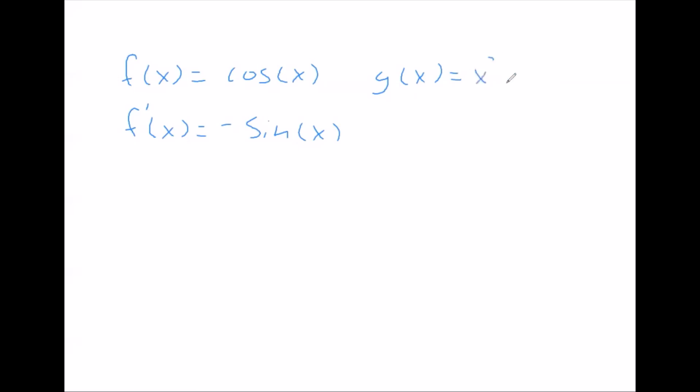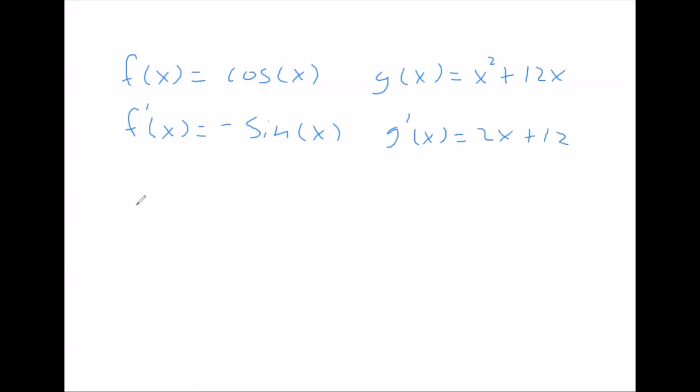Okay, this time let's take a look with cosine. If you have cosine of x, its derivative is negative sine of x. With the function, let's say x squared plus 12x this time, its derivative would then be 2x plus 12.